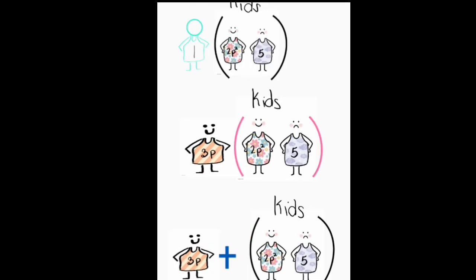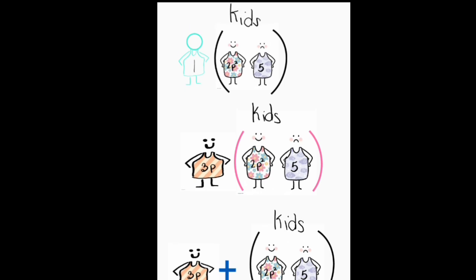All right, so let's identify what's going on. Now, when you have a parenthesis, the parent is directly on the outside of parentheses.